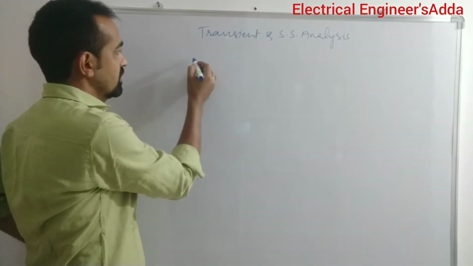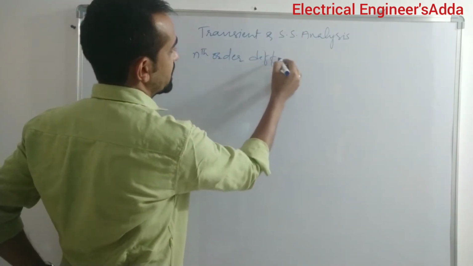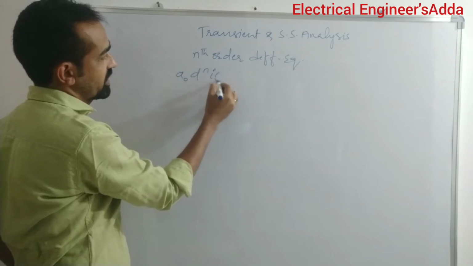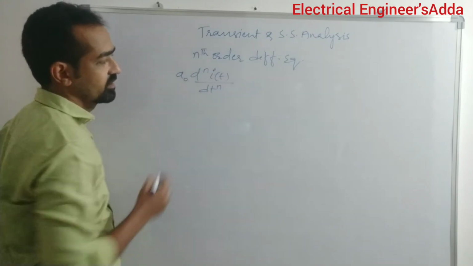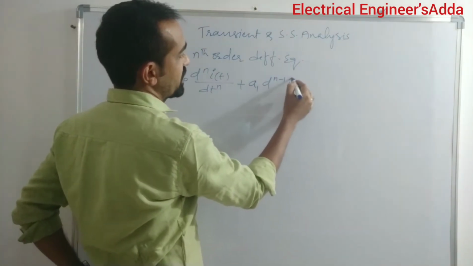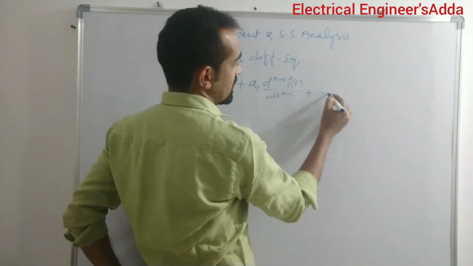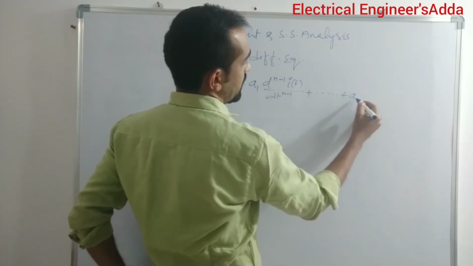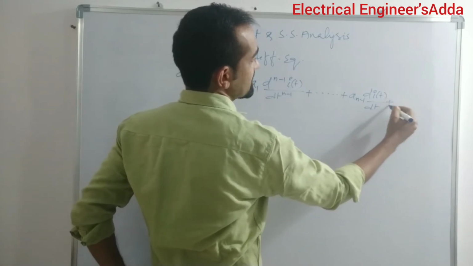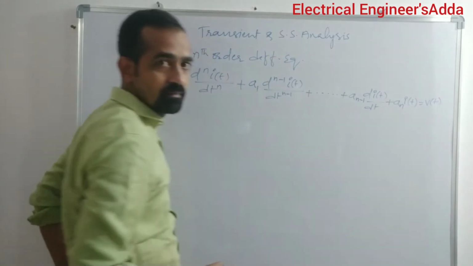The nth order differential equation is given by a0 d^n i(t)/dt^n + a1 d^(n-1) i(t)/dt^(n-1) + ... up to a(n-1) di(t)/dt + an i(t) = v(t).